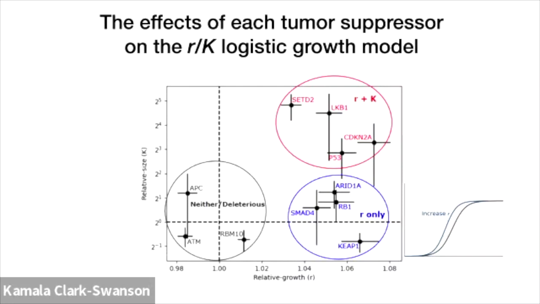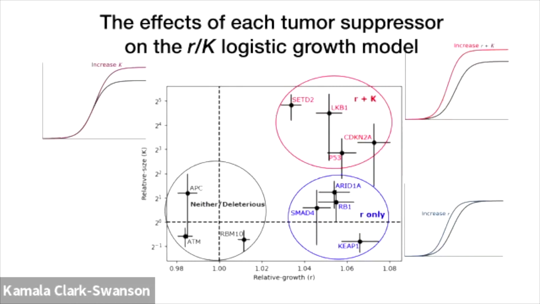And you can see we also do not see any tumor suppressors that increase K alone, which was interesting to us. We don't know if this is something that would persist if we studied more genes or not. But we see this other class of tumor suppressors that seem to increase both the instantaneous growth rate and the carrying capacity. So it's very interesting to me to see all these different growth effects.